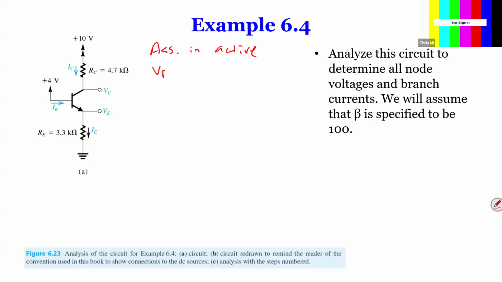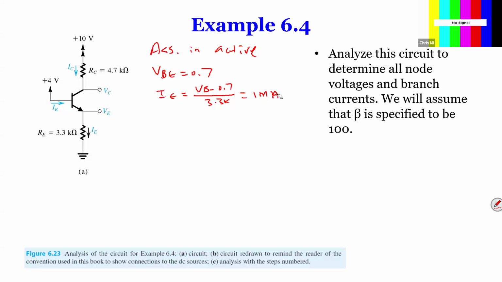We know VBE is 0.7, and we can calculate IE equal to VB minus 0.7 divided by 3.3K. So 4 minus 0.7 divided by 3.3 gives you 1 milliamp.